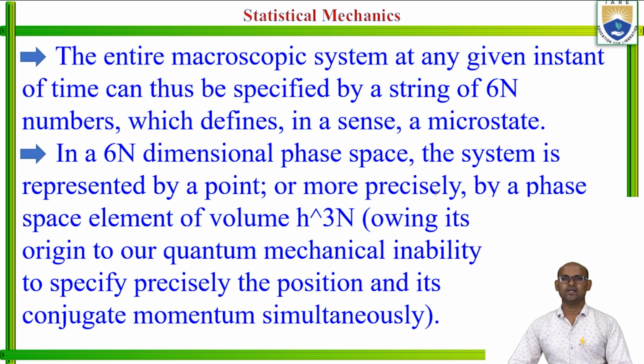In classical mechanics, the system is represented by a point in a 6N dimensional phase space, or more precisely by a phase space element of volume h power 3N, because of quantum mechanics we cannot specify position and momentum simultaneously.